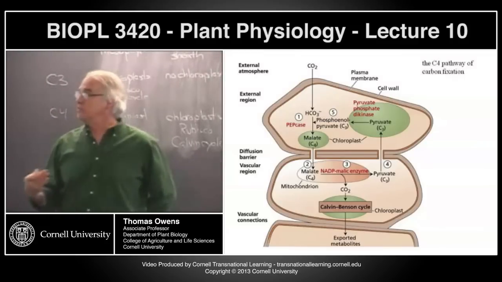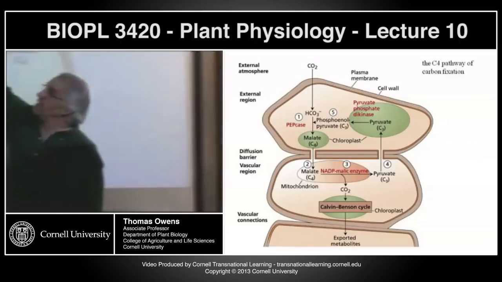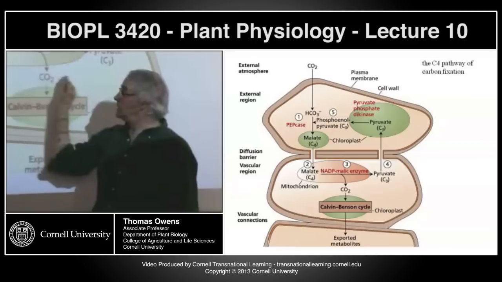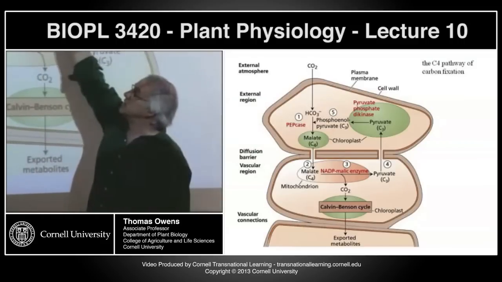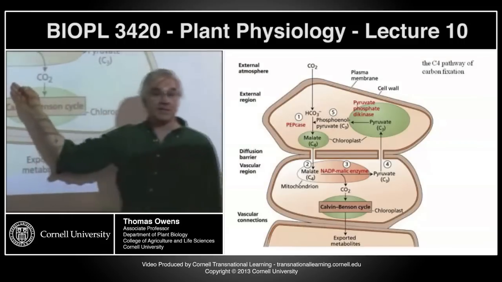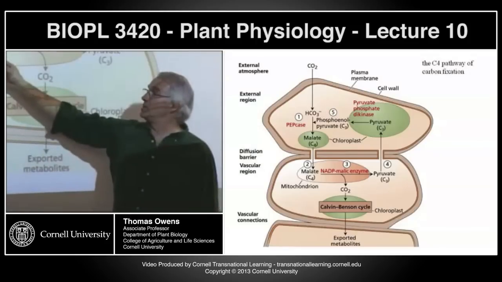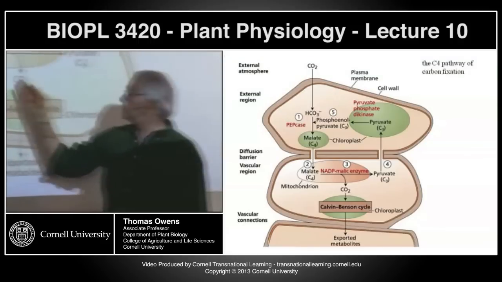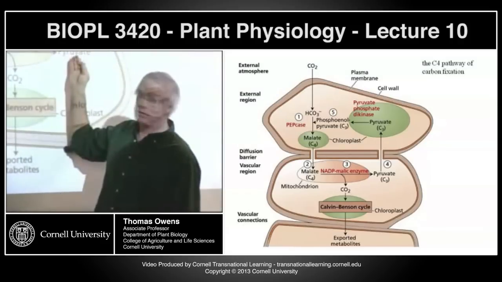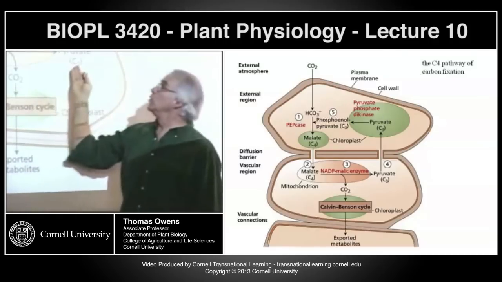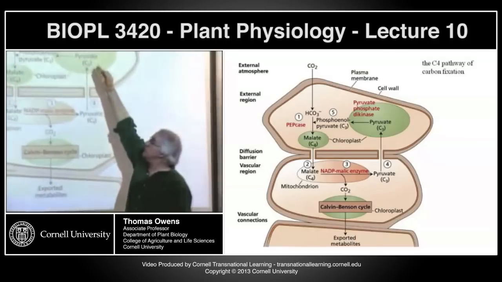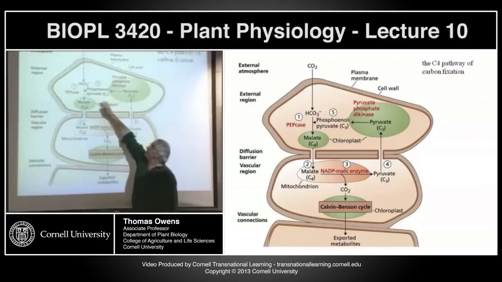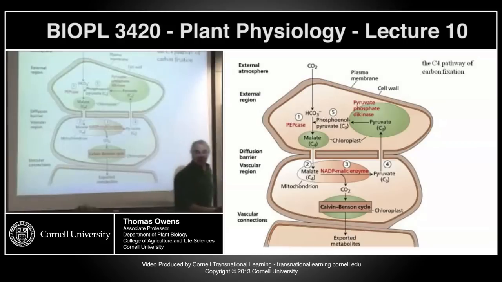It's relatively straightforward. The C4 acid that's produced in the mesophyll cells diffuses through the plasmodesmata into the bundle sheath cells. In the bundle sheath cells, that C4 acid is decarboxylated, releasing CO2 and a 3-carbon acid, pyruvate, which then diffuses back into the mesophyll cell and is converted back into PEP, the substrate for the initial reaction.